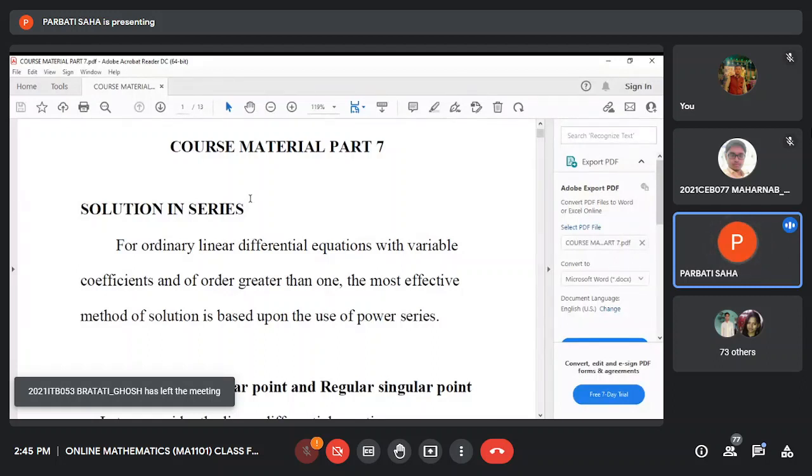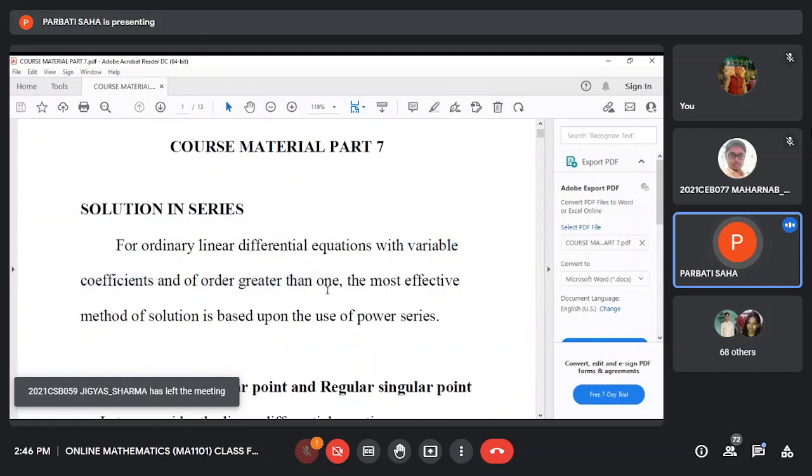Here you see, this is an effective method when we consider ordinary linear differential equations with variable coefficients and order greater than 1.